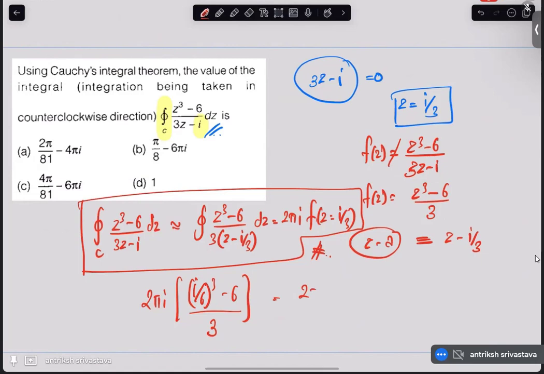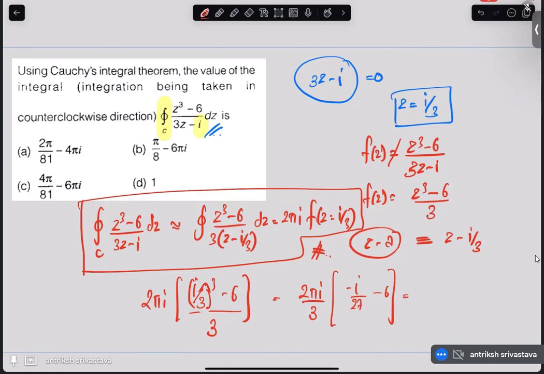So let's try to simplify this. I by 3 cube, it's minus i divided by 27, minus 6 divided by 3. The 3 I have already taken out, so you don't need to worry about that.